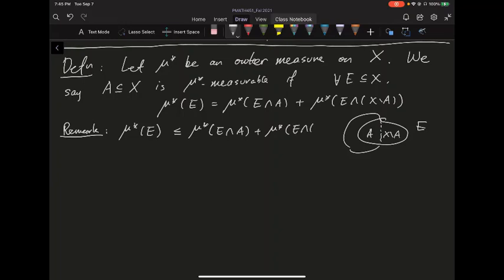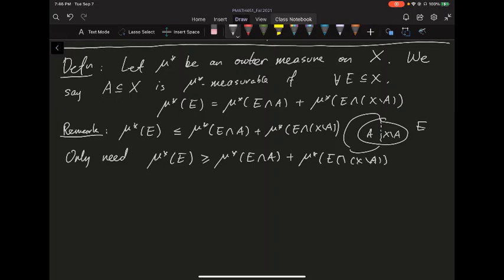So one direction is always true. So in order to show that a set satisfies this equality, you only need to show the other direction: that mu star of E is bigger than or equal to the right-hand side.